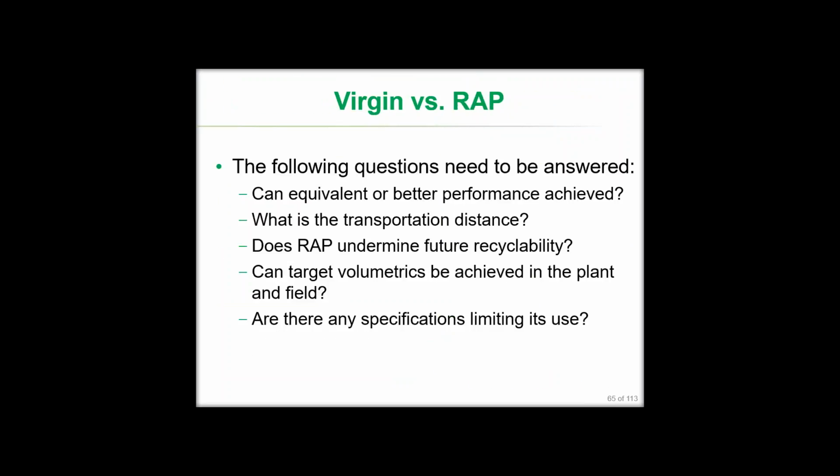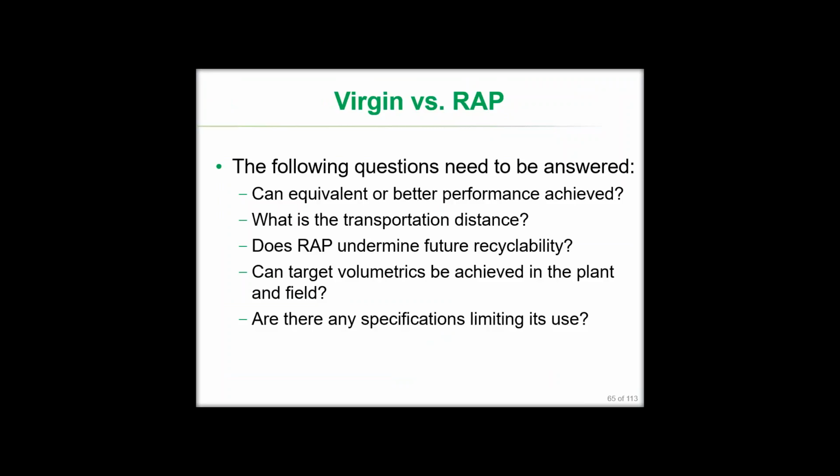We often come across a question: when to use virgin materials or when to use RAP? So in order to answer such a question, first we have to ask a couple of other questions to ourselves and then be able to answer some of these questions to really come up with an answer. And those critical questions are, can we really achieve an equivalent or better performance with the use of RAP? What is the transportation distance?